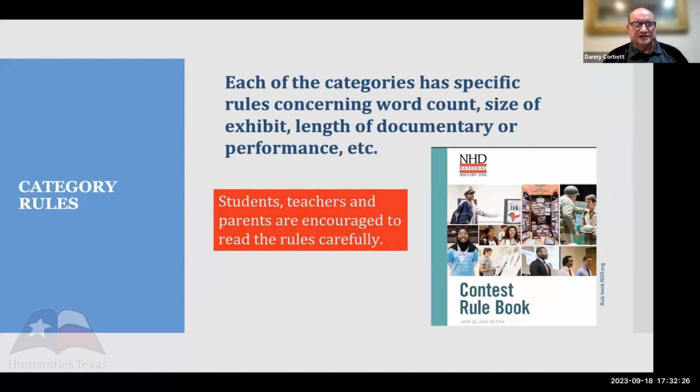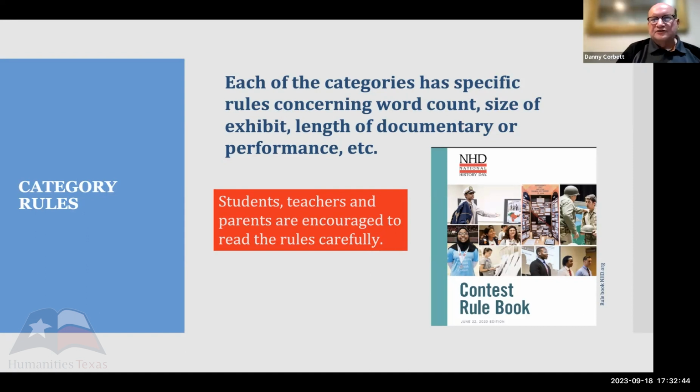Okay, great addition there, Lisa. Keep in mind, though, as far as the contest is concerned, which we'll talk about later, the elementary division is Texas only, so they can compete at the regional and state level, but not advance to the national level.